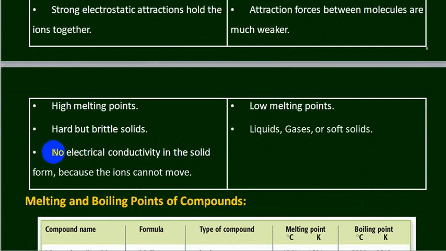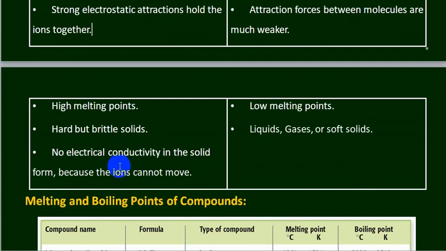Solid ionic compounds are not conductors. There is no electrical conductivity in the solid form because the ions cannot move. So they are insulators, like sodium chloride. Sodium chloride in its solid form is an insulator.